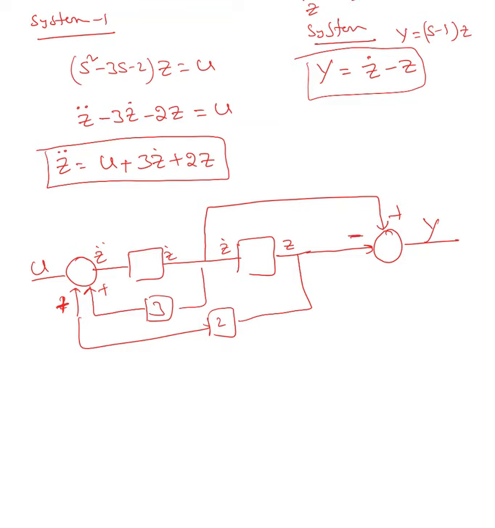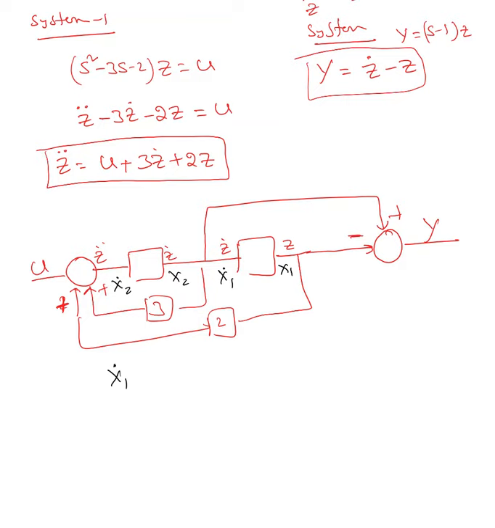So now I'm going to have the state variables x1 dot, x2 dot. Now we can write down the state equations. We'll end up with two state variables.